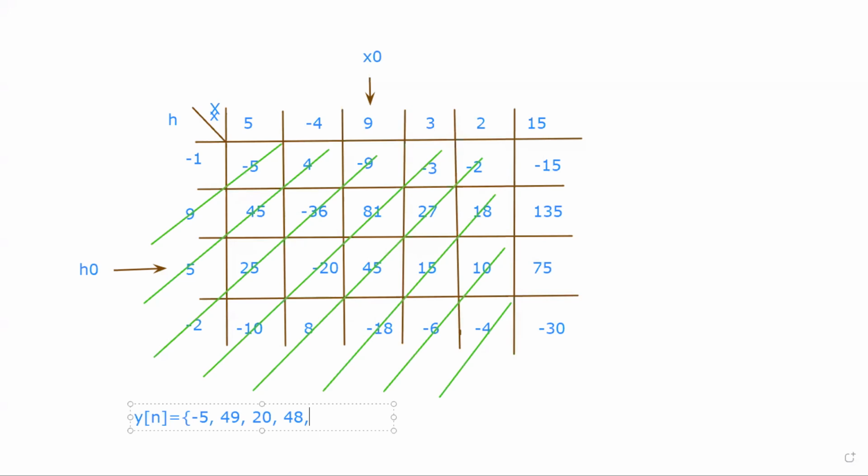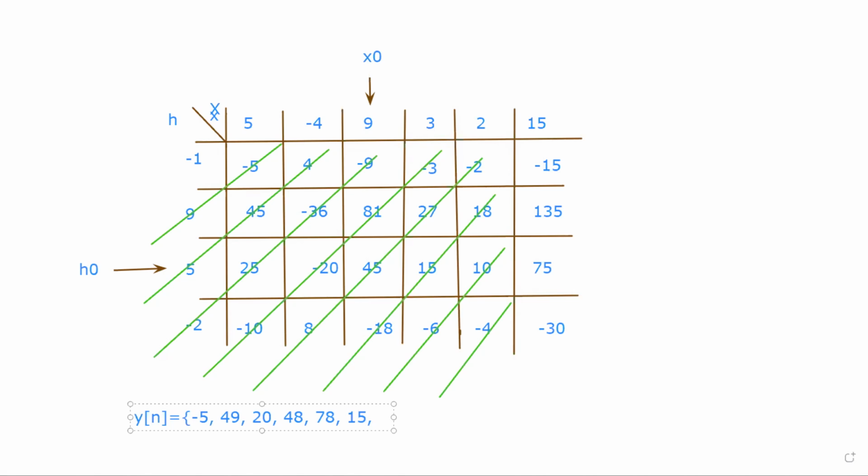Come on. Space. Minus 2 plus 27 is 25, plus 45 is 70, and 8, 78. So what's that, 18 and 15? 18 and minus 18 is 0, so that's 15, space.